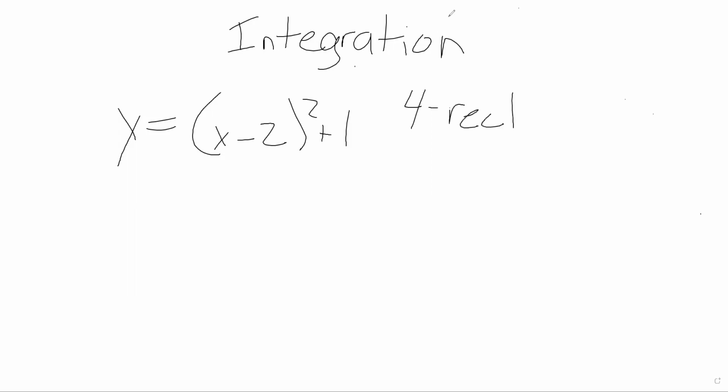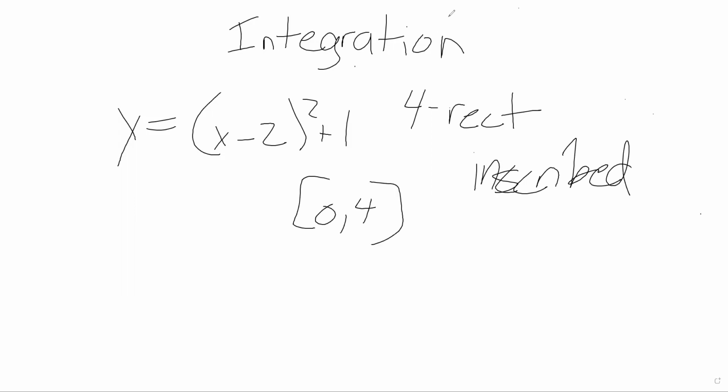So if we have our equation, something like y equals (x minus 2) squared plus 1, and we wanted to use 4 inscribed rectangles over the range 0 to 4, let's first draw out a picture, because it's always good to draw out a picture.